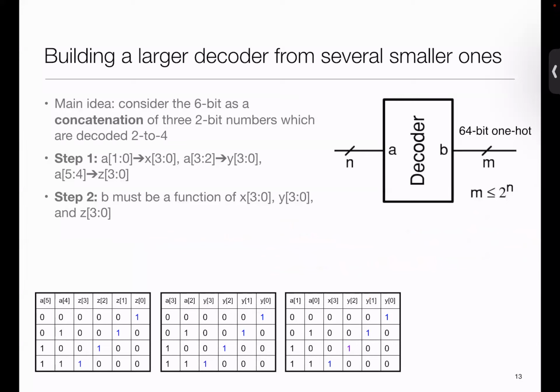So that would be the idea, that I take the index of B and translate it into some combination of X, Y, Z. So let's see how it works out. Consider Bi, so we are looking at the ith bit of the output. Bi is going to be 1 if A had the value i, and otherwise Bi is 0, right? So if the bits of A represent the number i, then Bi is 1, otherwise Bi is 0.